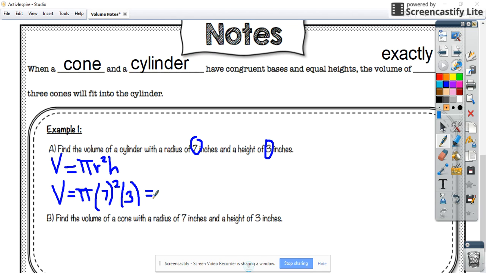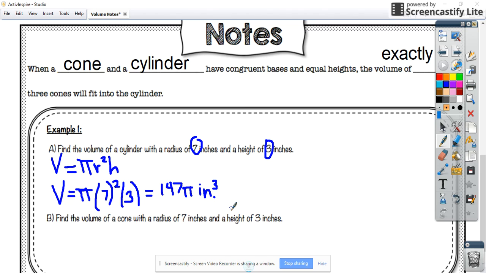Then I'd type in times 3, enter, and you get 147. And we did not type pi in the calculator because I want to leave our answers in terms of pi. So we did 7 squared times 3, we got 147, and then you're going to write pi at the end of your answer, and we're in cubic inches.